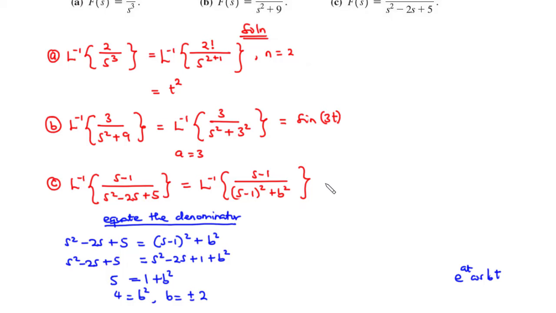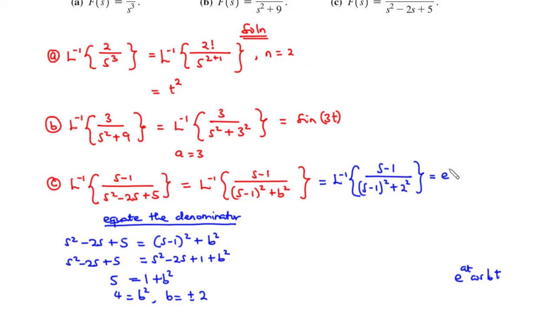Okay, so we can further express this as the inverse Laplace transform of s minus 1 over s minus 1 all square plus 2 square. Then this becomes, we have e to the power at. Now don't forget that a is equal to 1.